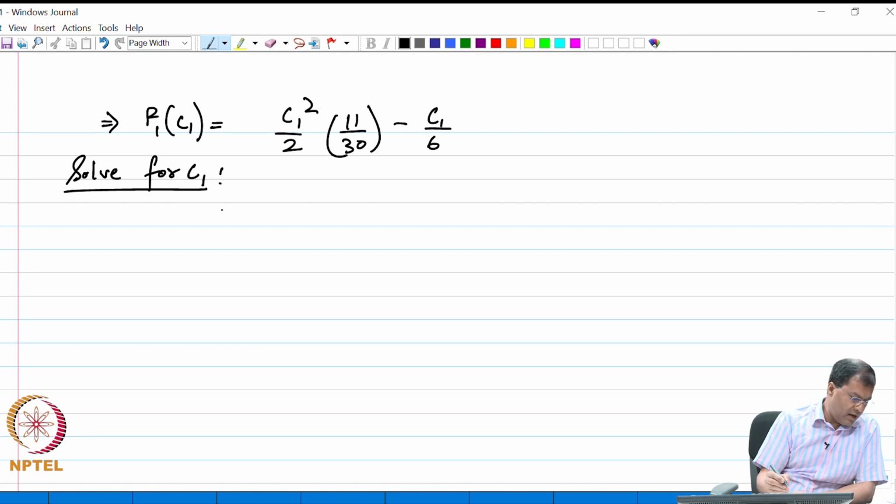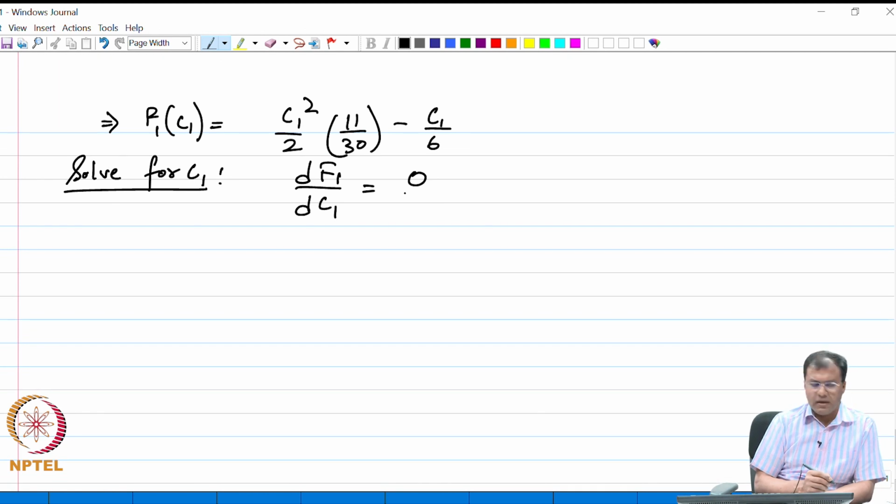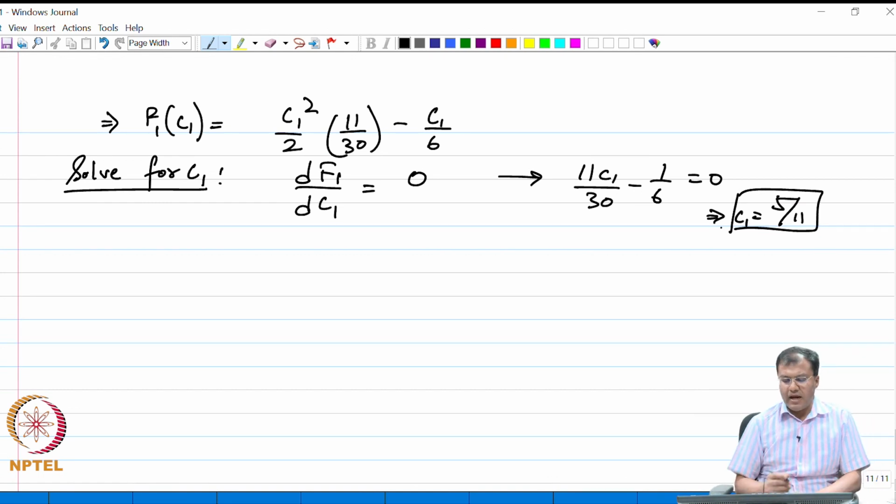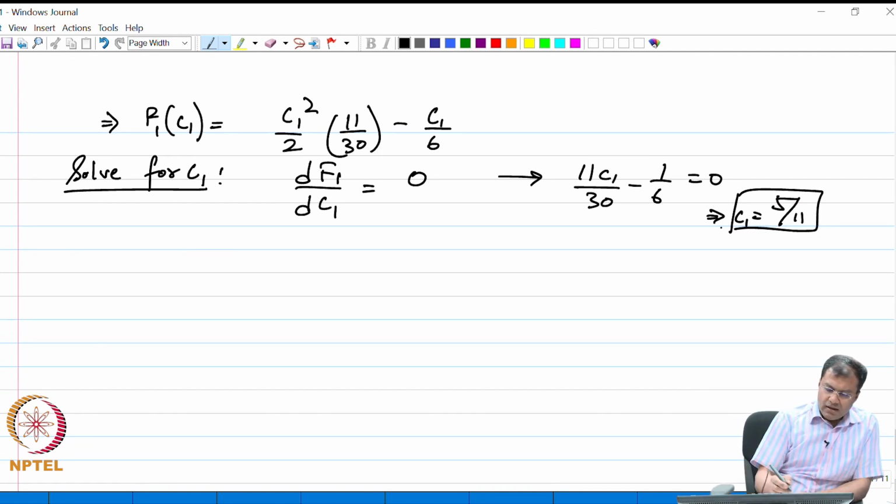By taking the derivative of f1 with respect to C1 and setting it equal to 0, a standard multivariate minimization or optimization argument, we see that 11 C1 by 30 minus 1 by 6 is equal to 0, or I get that C1 is equal to 5 by 11, right.